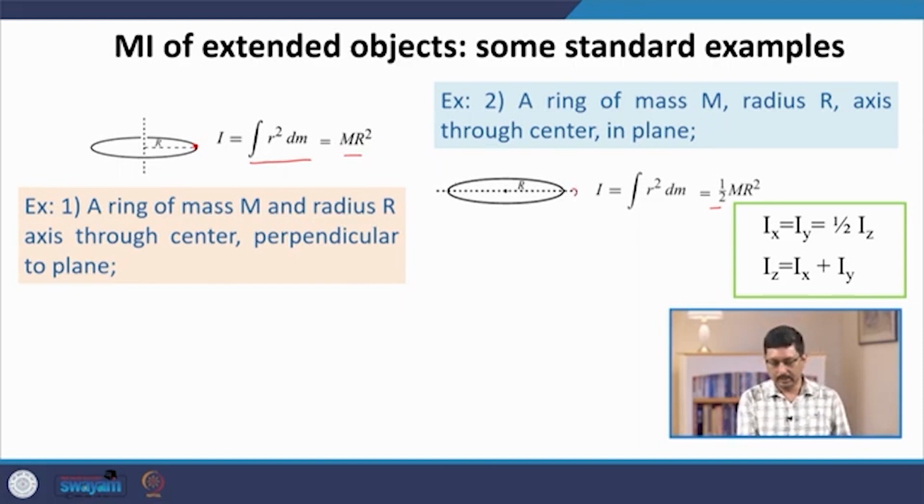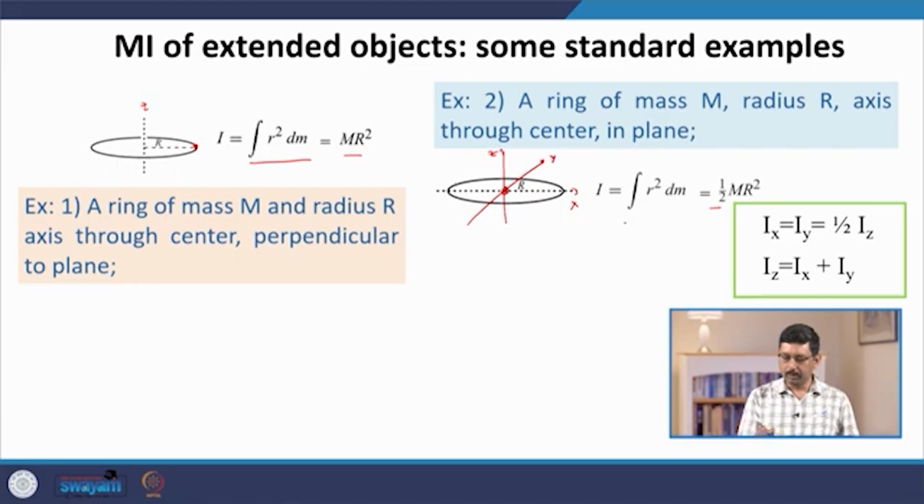So, if we take this as our x axis and another perpendicular in-plane axis as our y axis, and let us say this is our z axis.